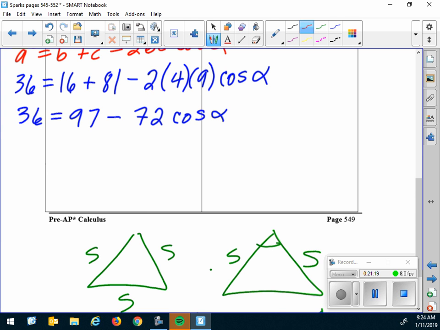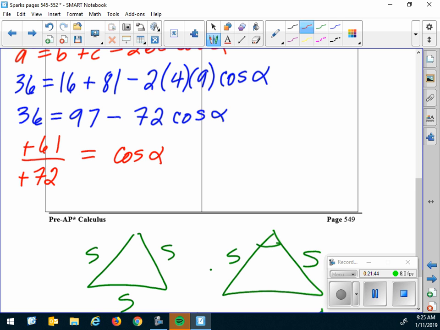So, how do we solve that? Subtract 97 and then divide by negative 72. 36 minus 97 is what? Negative 61. All right, so I end up with negative 61 divided by negative 72, right?